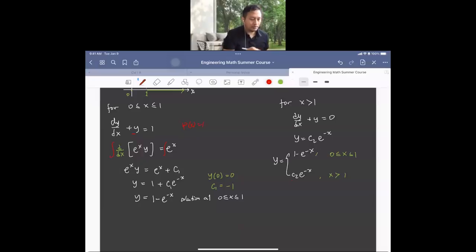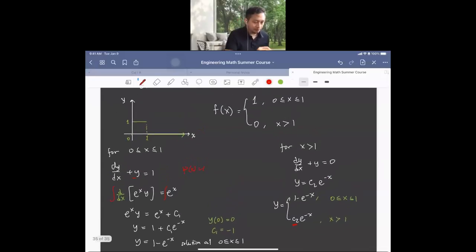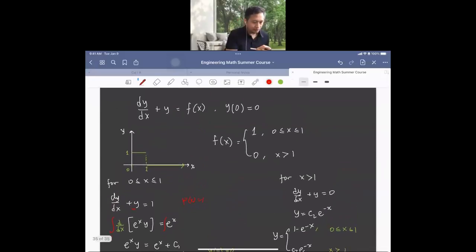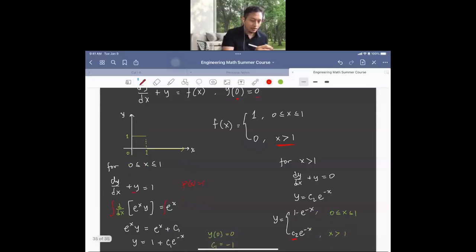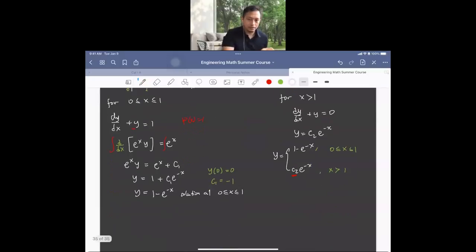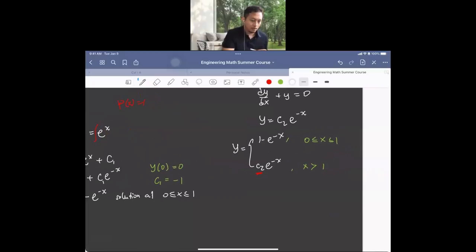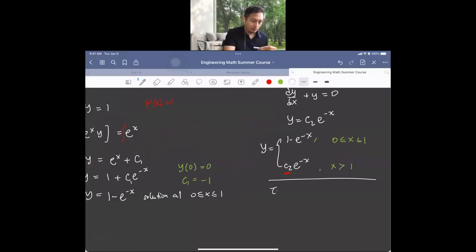But now we still have the c2. Now c2 has a little bit of a problem here because our initial value states that y should be equal to 0 at 0, but here the interval does not include 0. So we need a different approach to find out what our constant is.